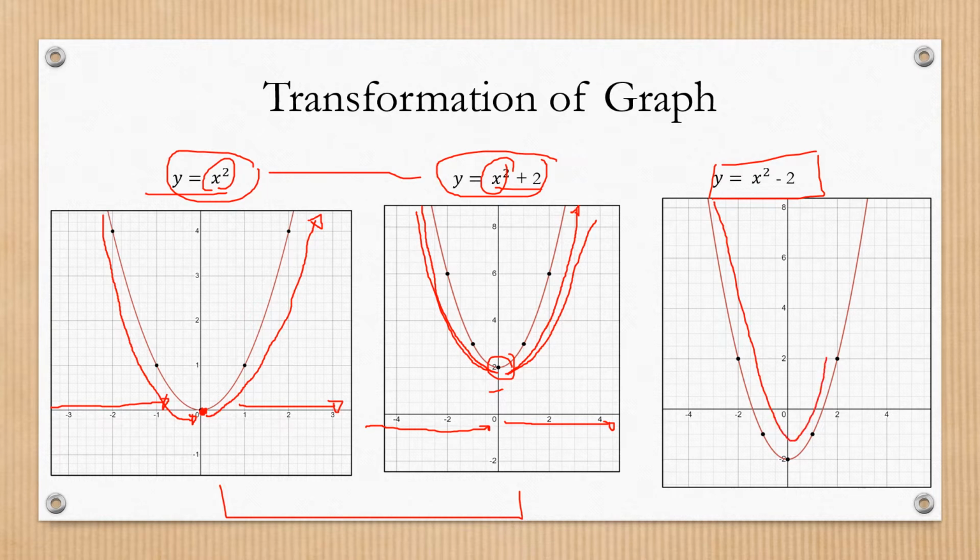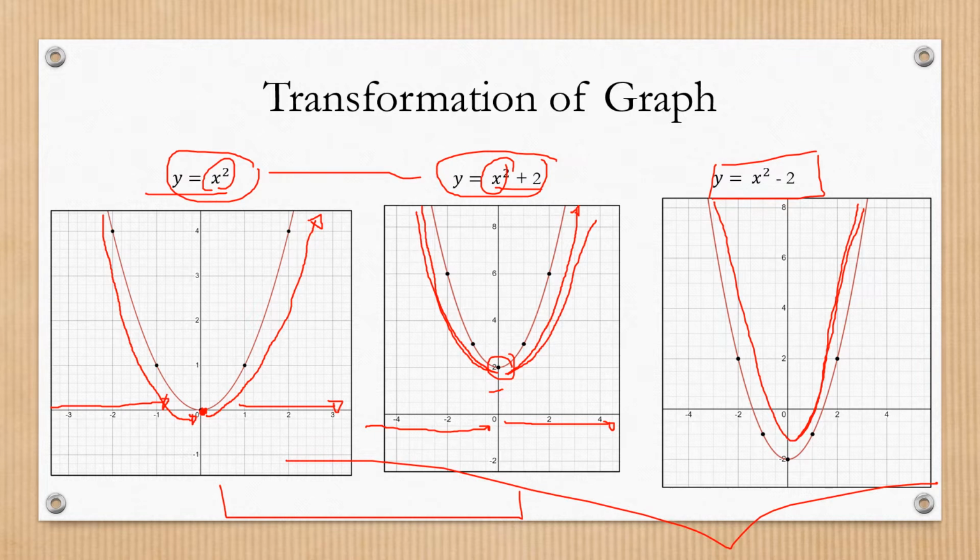Nagdi-decrease, tapos nag-i-increase. As x approaches 0 from the negative side, nagdi-decrease ang graph. And then when the x value is greater than 0, approaching the positive side, nag-i-increase na ngayon ang graph natin. So, pareho yung behavior nilang tatlo.